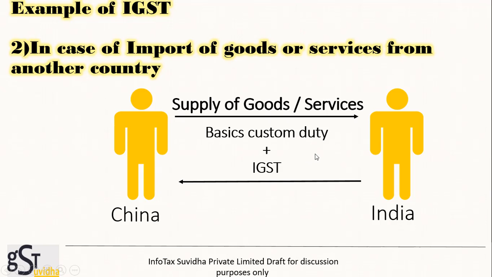As we have already discussed in our previous lecture, basic custom duty will not be subsumed in GST. Therefore, basic custom duty will still be levied even in GST regime. And we have also discussed that all additional duties of custom will be subsumed in GST and replaced by IGST. Therefore, now on importation of goods only basic custom duty plus IGST will be charged.